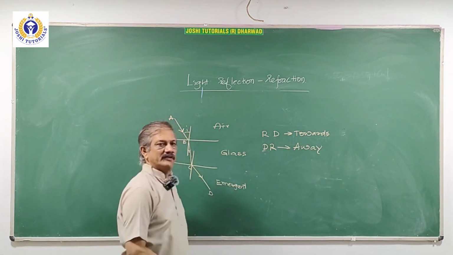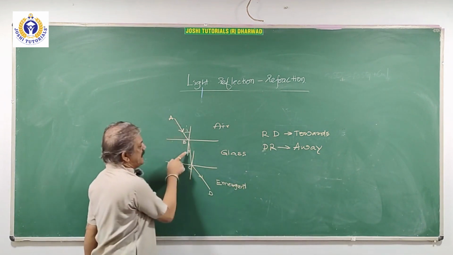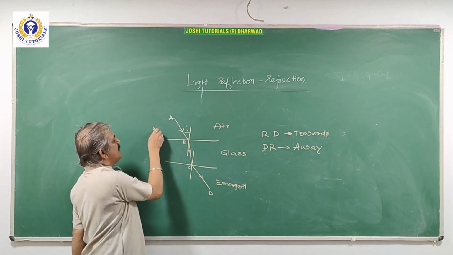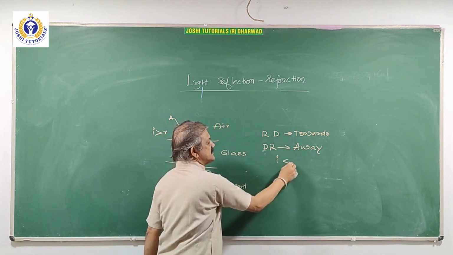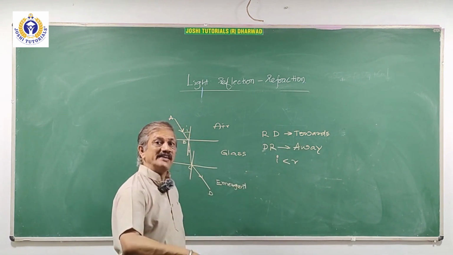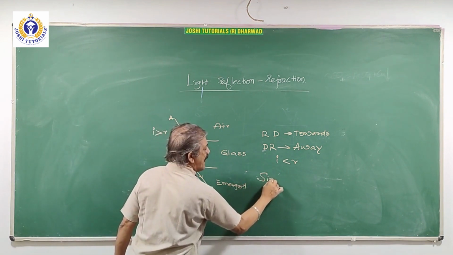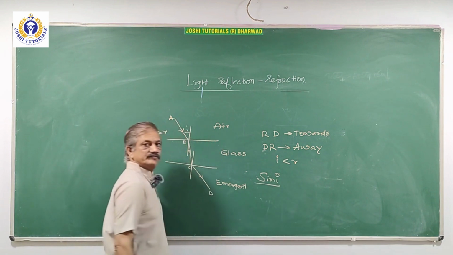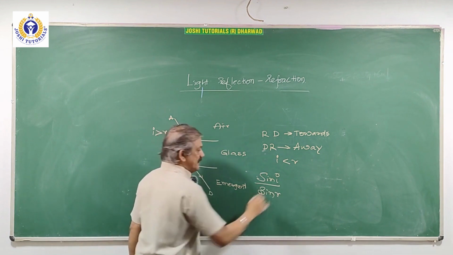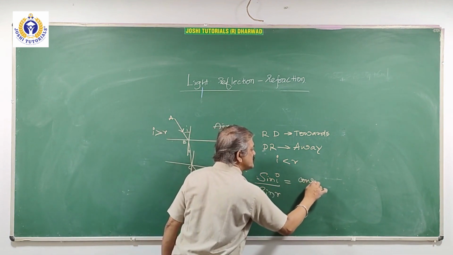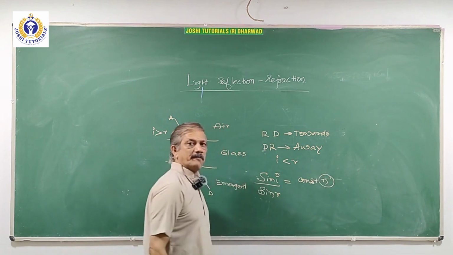Here, I is greater than R. Here, I is less than R. So, this ratio of the sine of the angle of incidence to the sine of the angle of refraction is always found to be constant. This constant is represented by n.